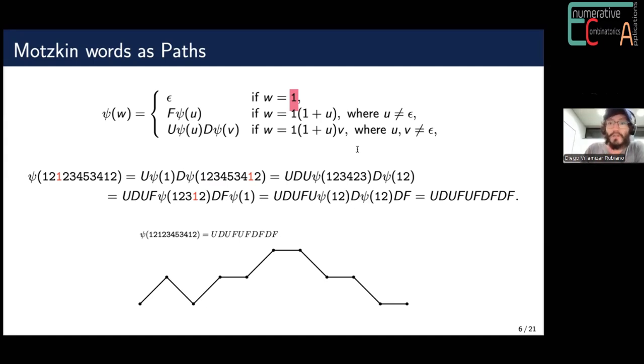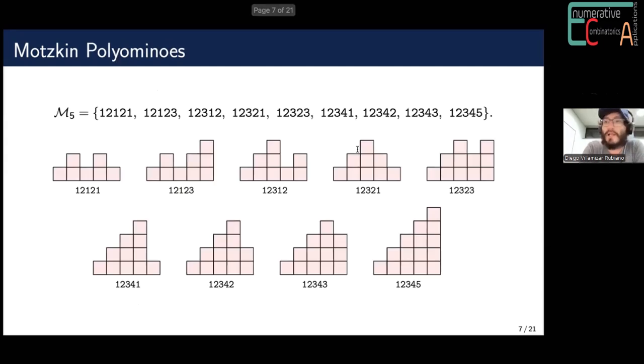Okay. So what we did was we gave a little two-dimensional representation to each of these words. This representation is essentially that you go through the word, and you stack a bunch of unit squares by columns in a line, and each column has the number of cells given by the symbol.